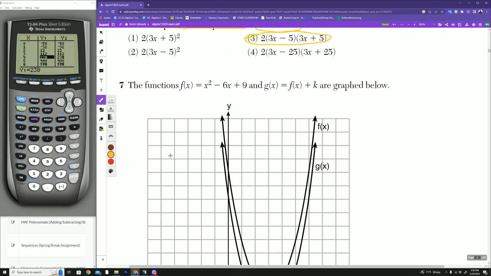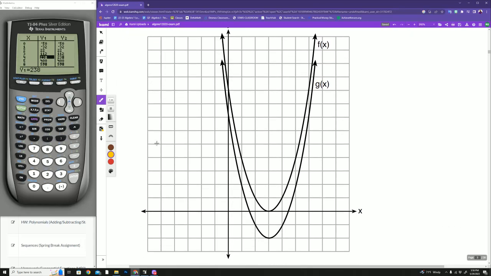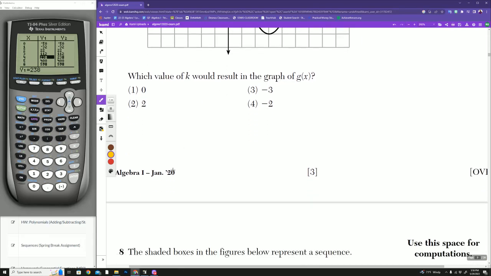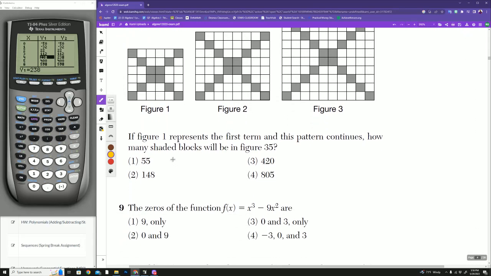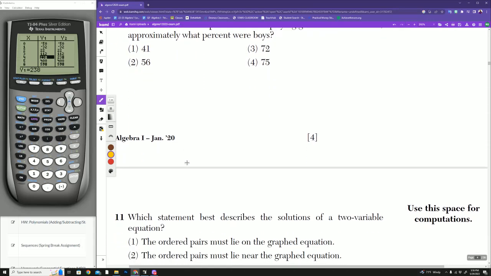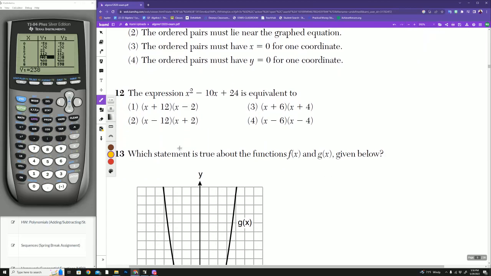So I'm looking for the words equivalent expression or simplified expression. This is not that. Keep going. Let's see. Not yet. The expression is equivalent to. I have another question here, so let's go back.